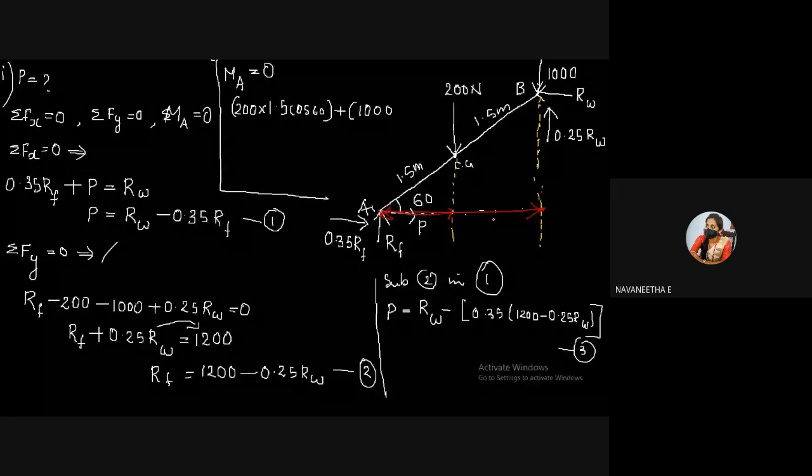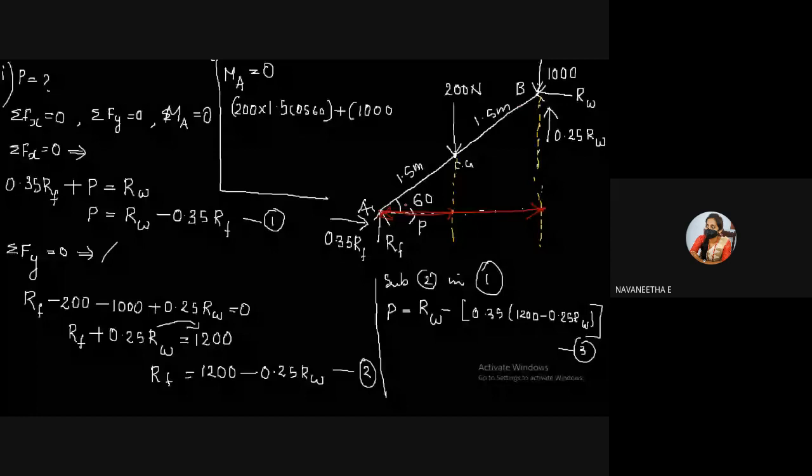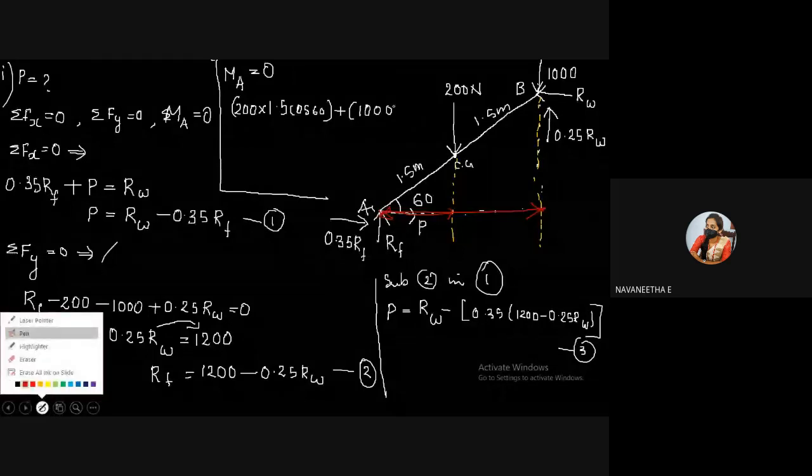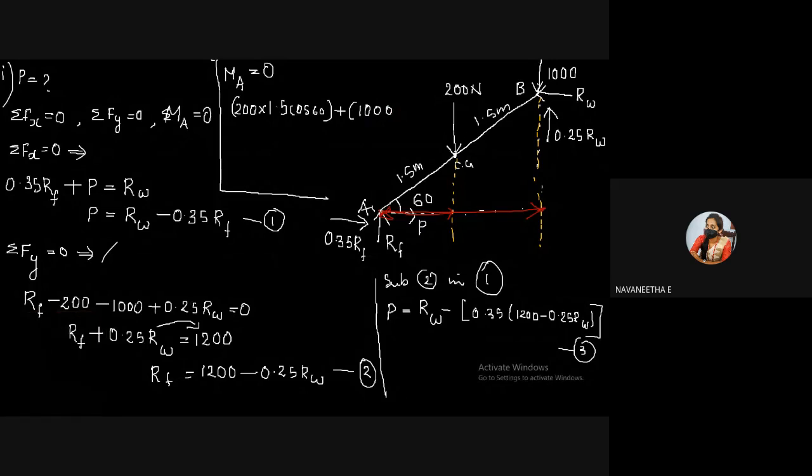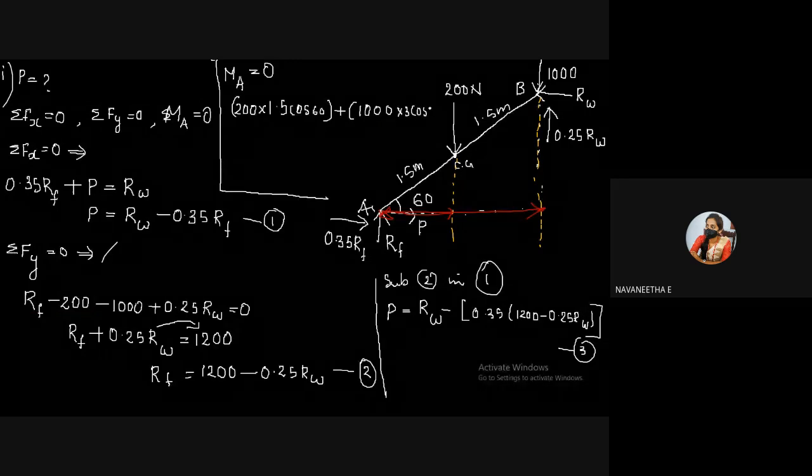The inclination is 60 degrees and the hypotenuse is the length of the ladder, which is 3 meter, already given in the question. So the adjacent side of the triangle will be 3 cos 60, right? So 1000 into 3 cos 60 is the moment due to 1000 Newton at point A. Okay, so here you can write 1000 into 3 cos 60. Then we can consider RW.